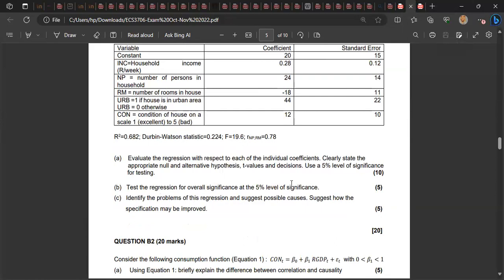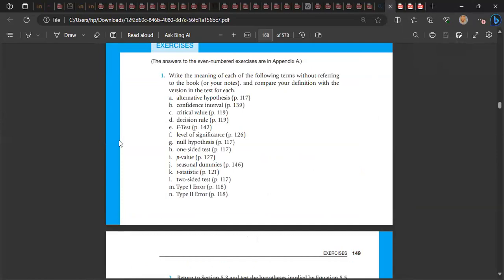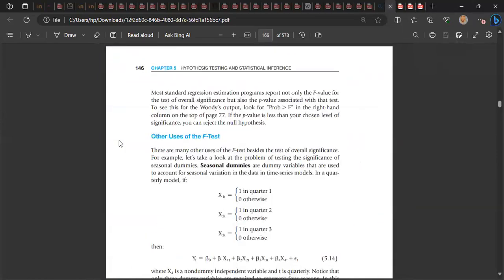So we are going to be dealing with the F test and then identifying maybe how we can improve regressions, because we normally get that. So on the textbook before the session, please go through. I was hoping we would do a couple of questions here, but it's fine. We will see. This is on chapter 5, so you are simply perusing through chapter 5 there.